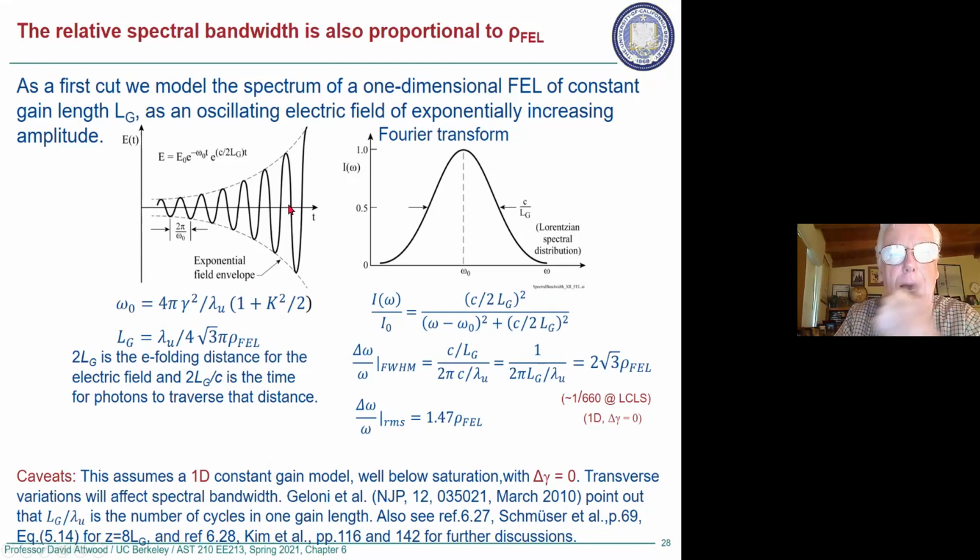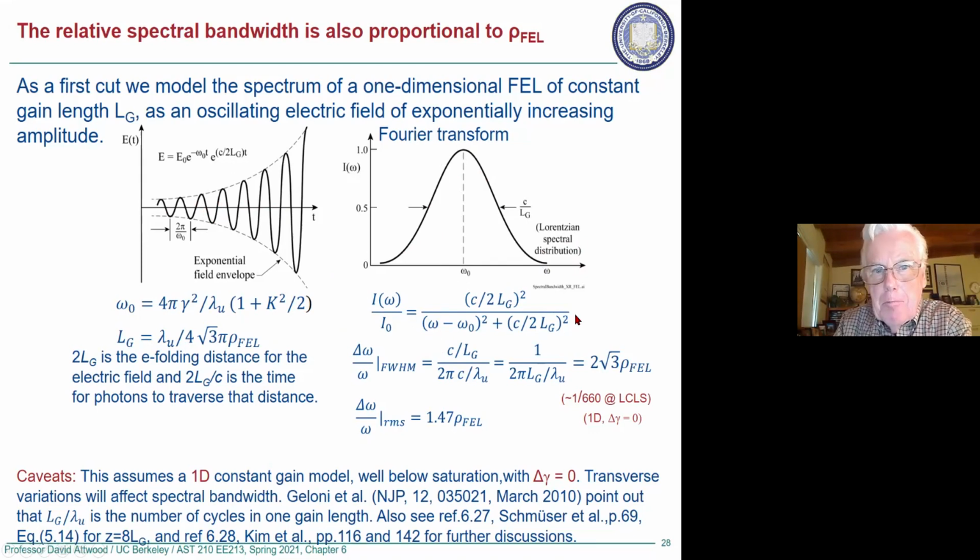You can look up what the Fourier transform squared is if this is the electric field, and you'll get a Lorentzian distribution around omega 0, around the central frequency, with some width as indicated. You can just look this up in a book of Fourier transforms, and this is what you'd get for the Lorentzian spectral distribution.